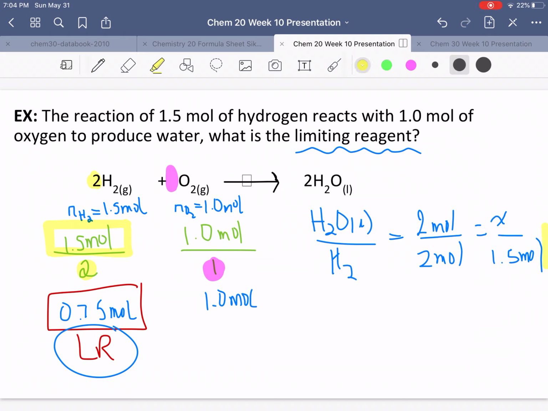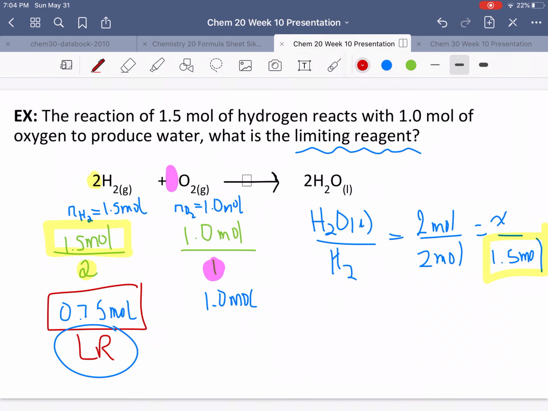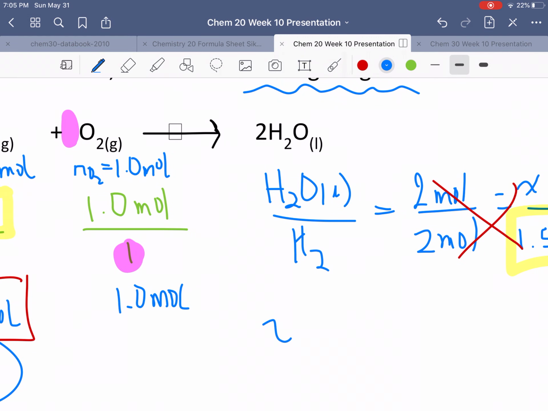That's the actual amount reacting, so we need to go with it. Cross multiply and divide. Pretty easy math, let's be honest. X is equal to 1.5 moles of water, H2O liquid, produced.